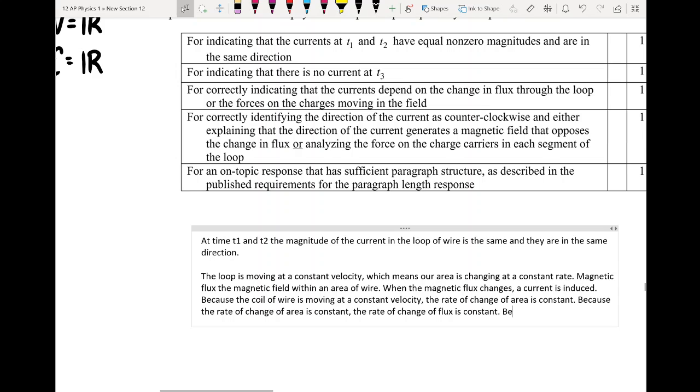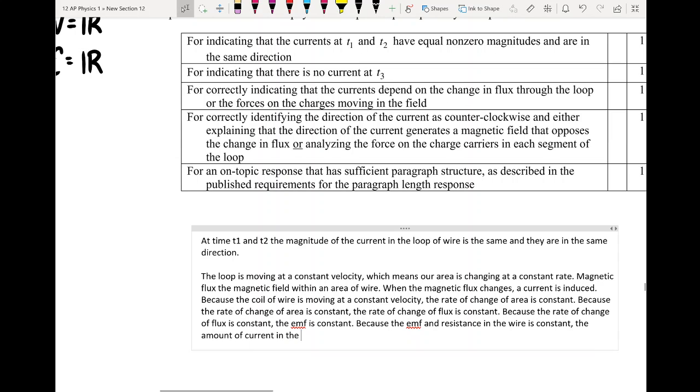Because the rate of change of flux is constant, the EMF is constant. Because the EMF and resistance in the wire is constant, the amount of current in the loop is constant. It's kind of a lot of words, but it's us just arguing from a logical sense about what we're talking about.